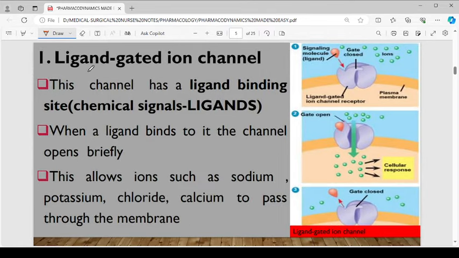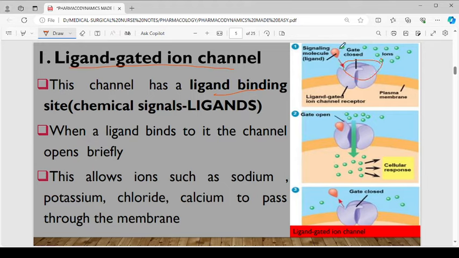Well, for the ligand-gated channel, these are just simply chemical signals. So in this kind of receptor, you find that it has a ligand binding site, right? So when a ligand binds, this channel is going to open briefly. All right, we have that site.